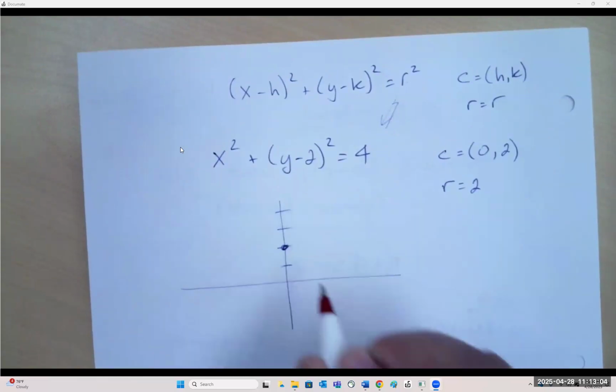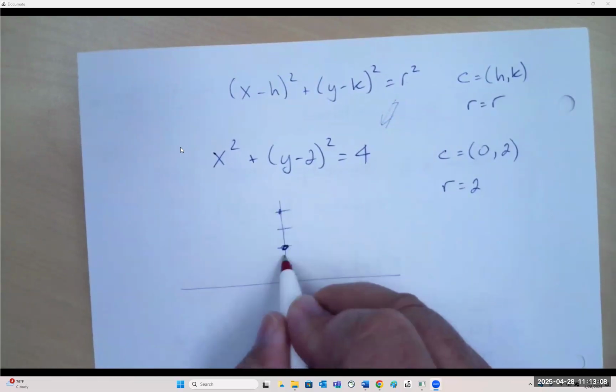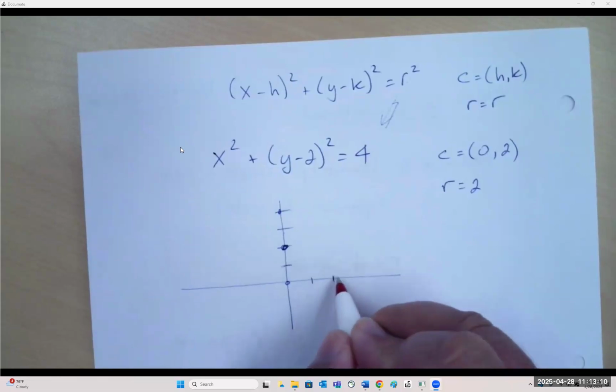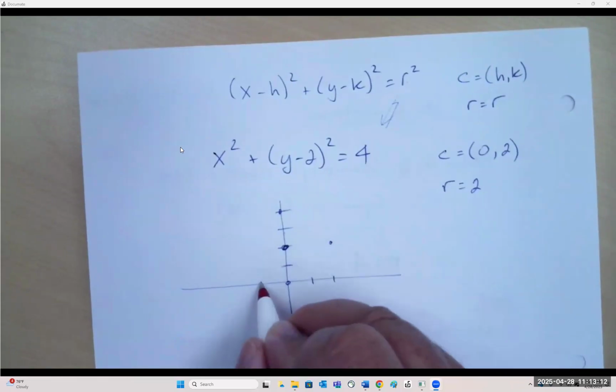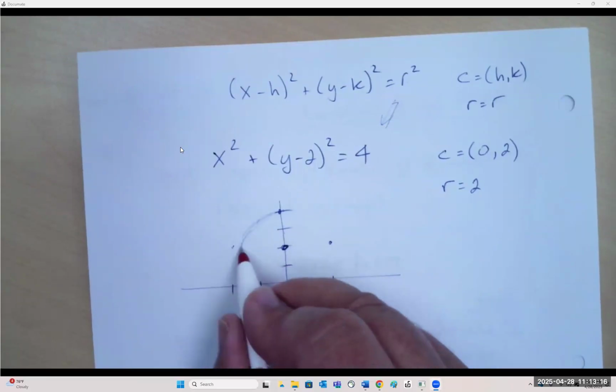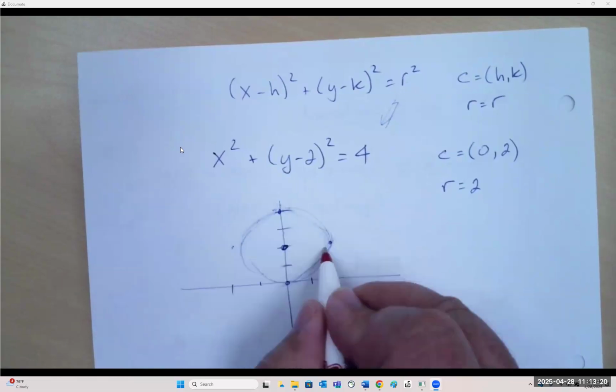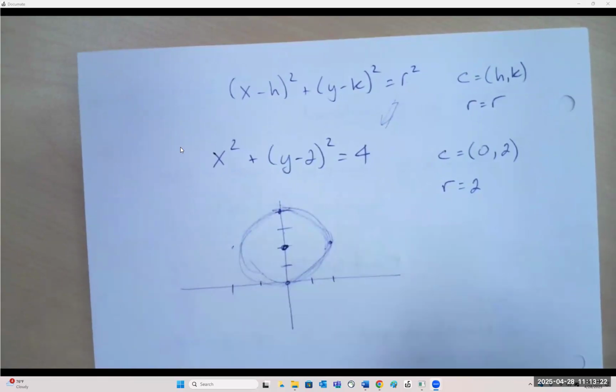So our center is at 0, 2. The radius is 2. So I put it down there, put it down here, put it down there, and combine all the dots. So there's my circle graph.